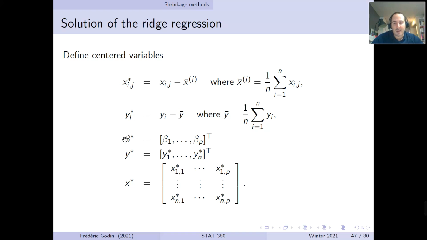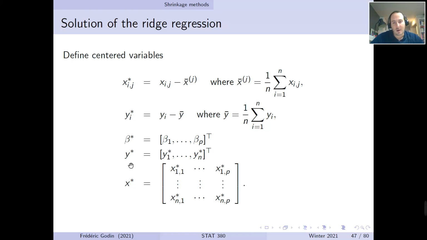Beta star will be the column vector of all slopes of the model, and this does not include beta 0, because beta 0 is the intercept, not a slope.